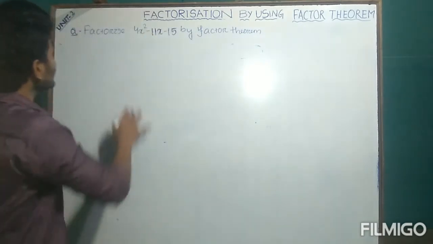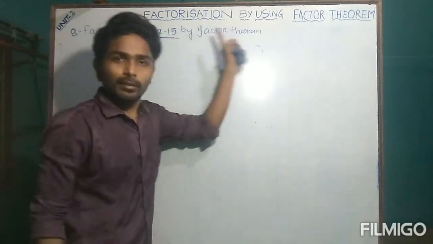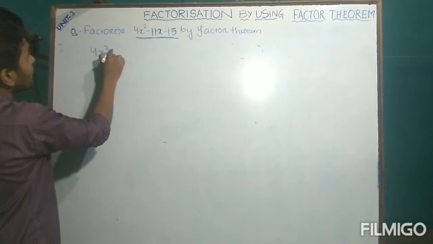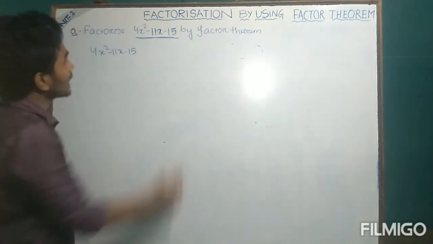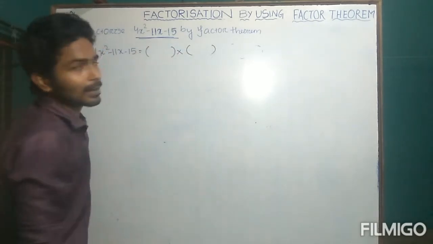In question number 2, we have to factorize this quadratic polynomial by the factor theorem. That means we have to convert the quadratic polynomial 4x square minus 11x minus 15 into the product of two linear polynomials.